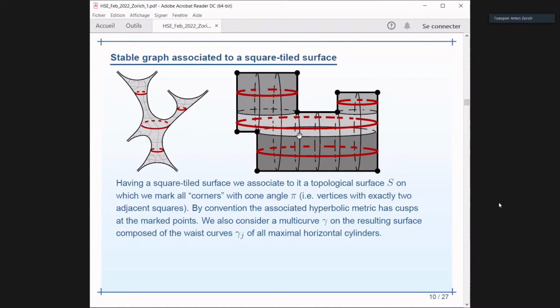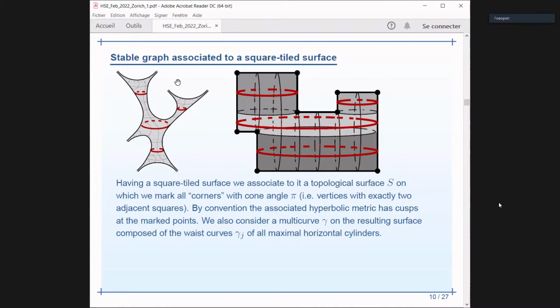First object is the following. I can associate to any square-tiled surface a topological surface with n marked points. So I mark all the corners, all the points where we have only 2 adjacent squares, by little corners like here.